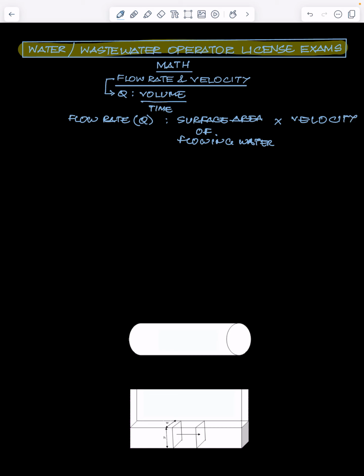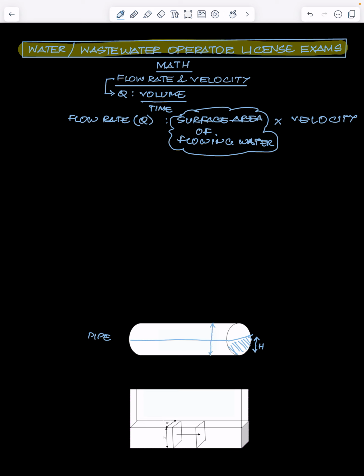So let's first talk more about the surface area of the flowing water and figure out how we are going to calculate that. When we are talking about a pipe, and you have a certain flow going through the pipe, and say this is the height of the flow of the water in this particular pipe, so this is H, the surface area of the flow can be calculated using the height of this water in the pipe and the diameter of the pipe.